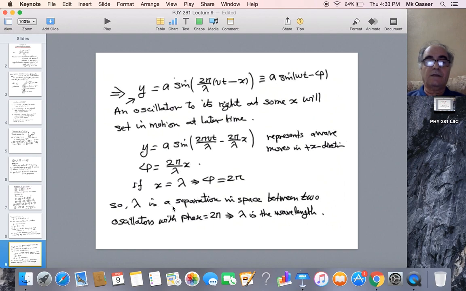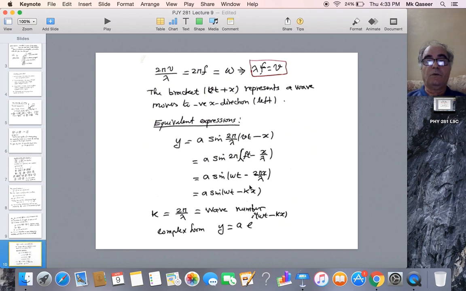So lambda is the separation in space between two oscillators with phase difference 2 pi, that is, they are in phase. This represents the wavelength lambda, so it goes with our definition of lambda at the beginning, on slide number 1. This again shows that 2 pi v over lambda is nothing but omega, or lambda times the frequency is v.